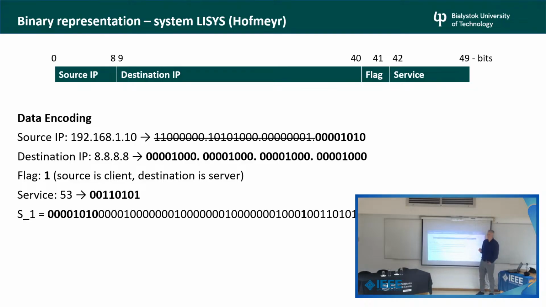What information was used? Source IP, destination IP, and the flag. The flag means that it was a connection to the server from the server, and the service generated both routes. As you can see, this is not enough information to detect most network attacks.